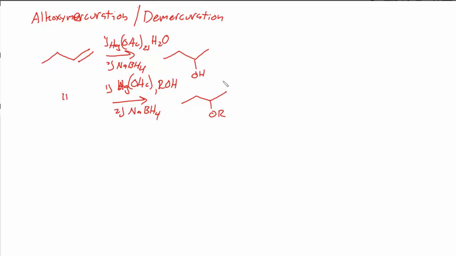So now we might have a way to make an ether with a secondary carbon on one side of it, if we couldn't do it via the Williamson ether synthesis. So this is the Markovnikov addition of alcohol across an alkene. We saw a hint of this in the addition alkene chapter. Now we're going to use it as a means of creating ethers.